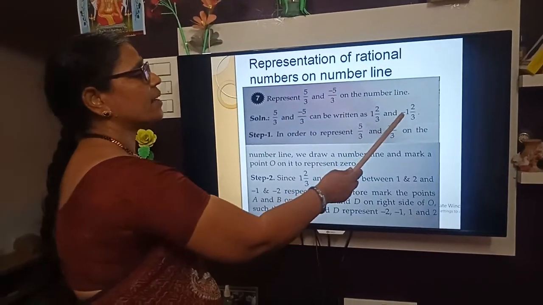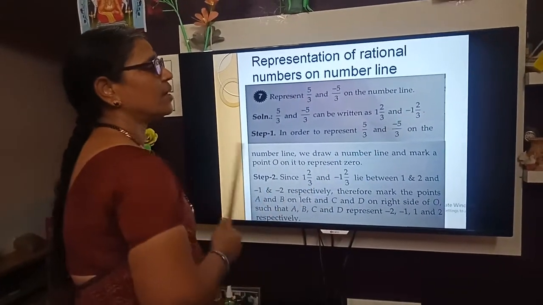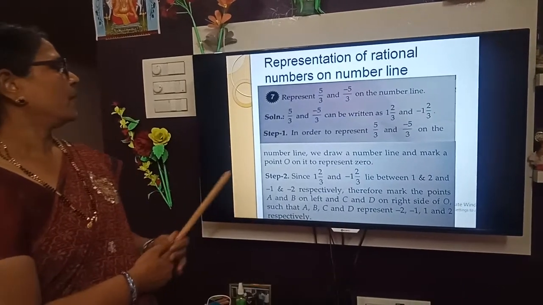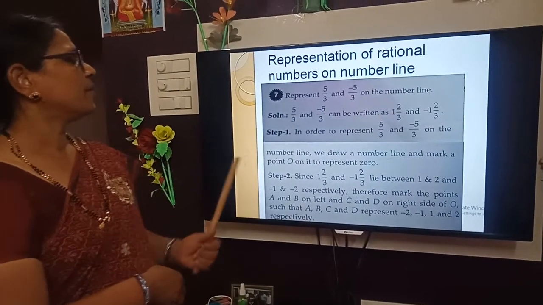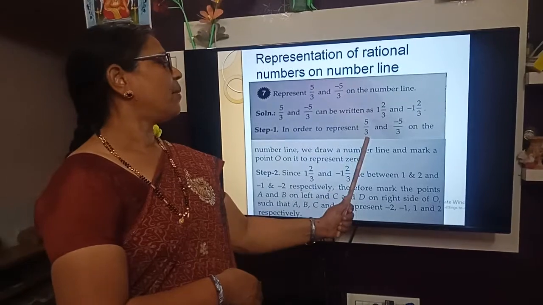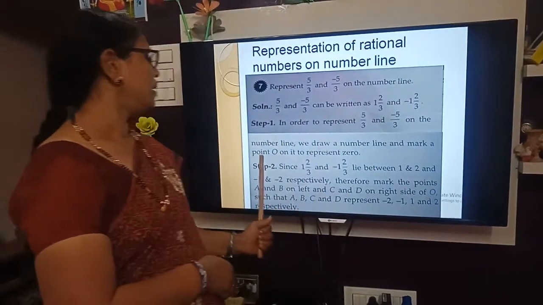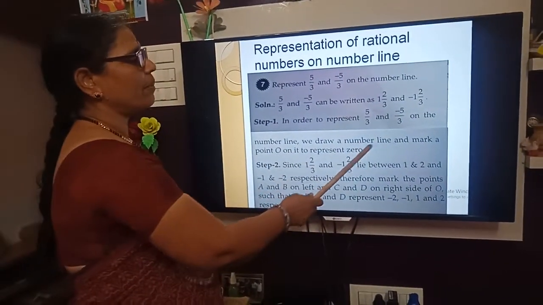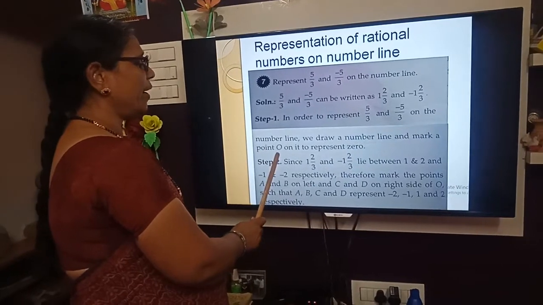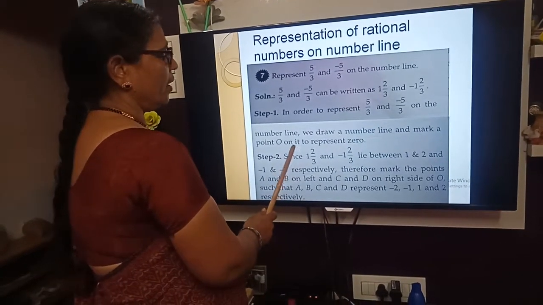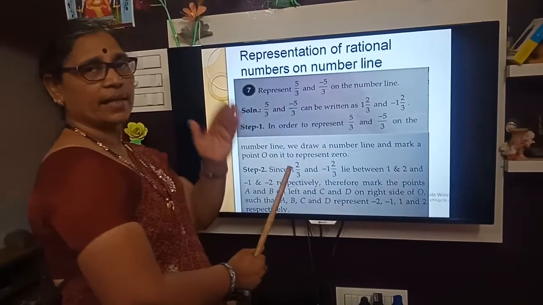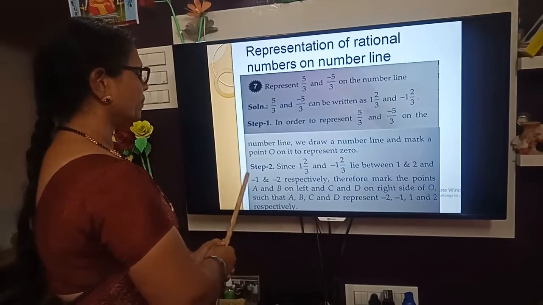In the same way on the negative side, minus 1 integer 2 by 3. So the first step is what? In order to represent 5 by 3 and minus 5 by 3 on the number line, we draw a number line and mark a point 0 on it to represent 0, at the center.